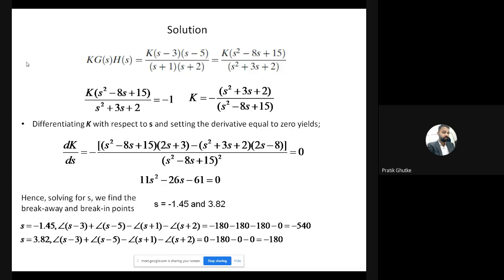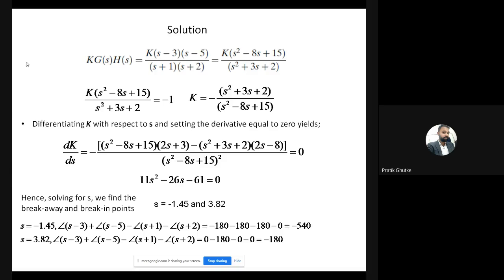So put the value s equals minus 1.45 in angle of s minus 3 plus angle of s minus 5 minus angle of s plus 1 minus angle of s plus 2. Wherever there is s, I have to keep the value of s as minus 1.45.